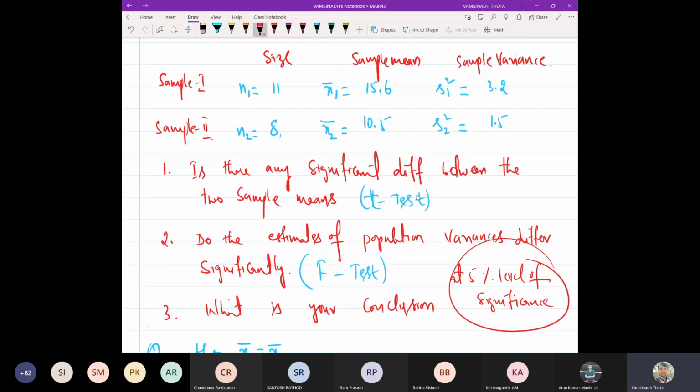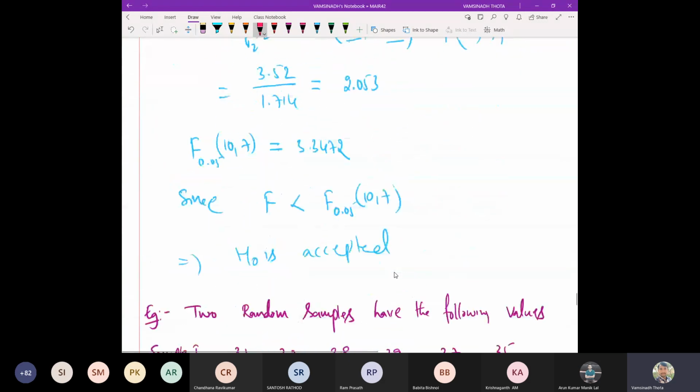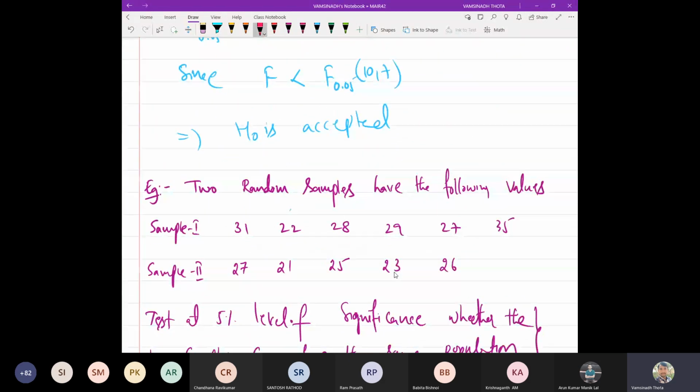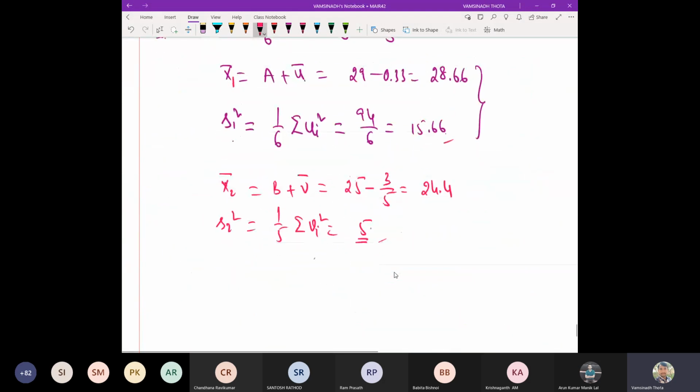First you do the t-test and F-test. If there is no significant difference between the sample means and no significant difference between the estimates of the population variances, then you can conclude that both the samples are drawn from the same population.